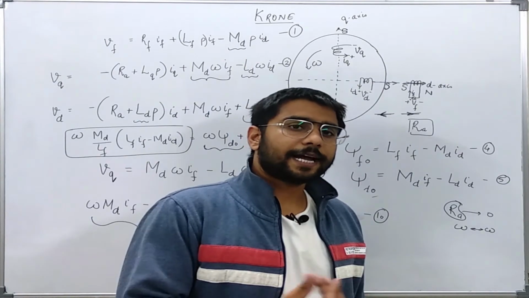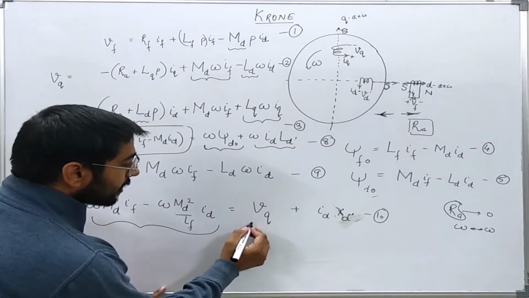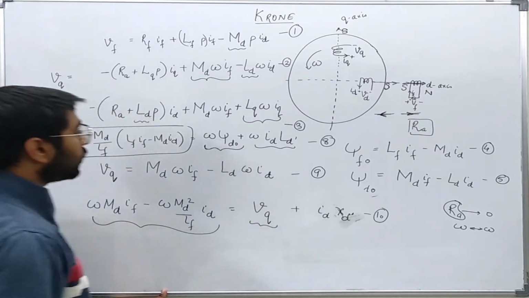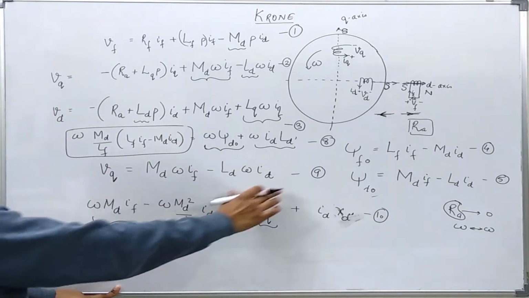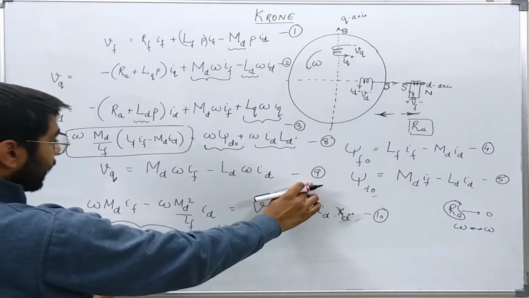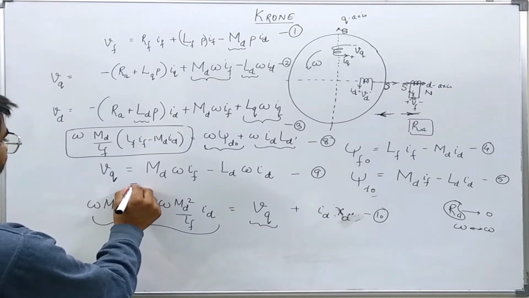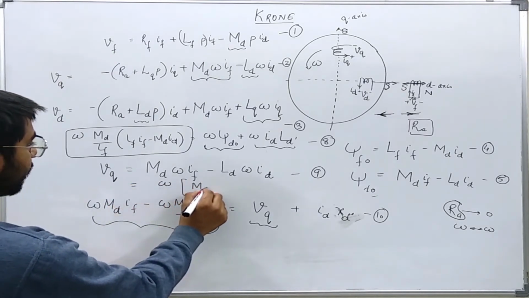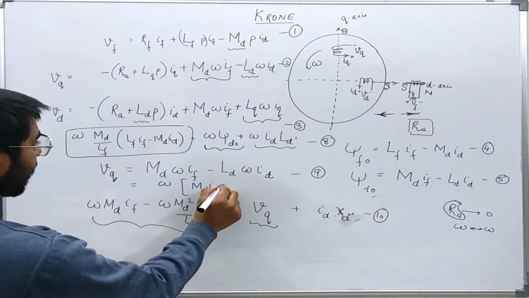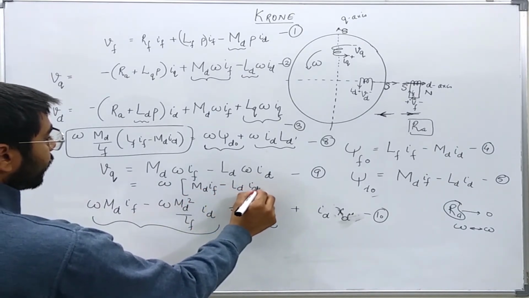Now I think I have gone too fast in explaining why this is VQ. As I have told, VQ can be written from equation number 2 to here. So this is nothing but omega common, MD IF minus LD ID.